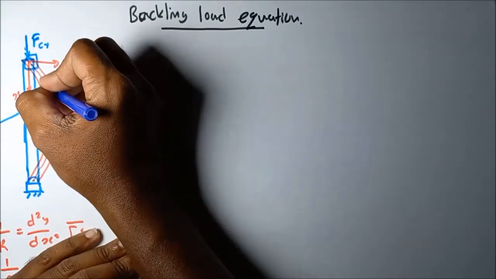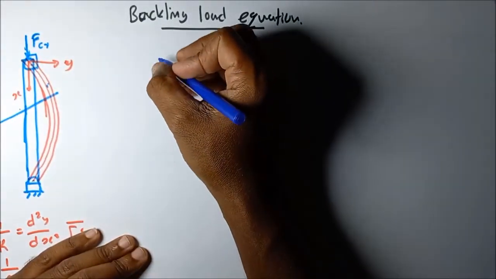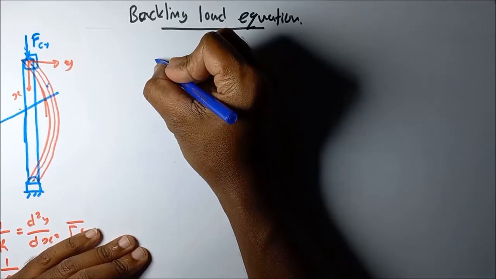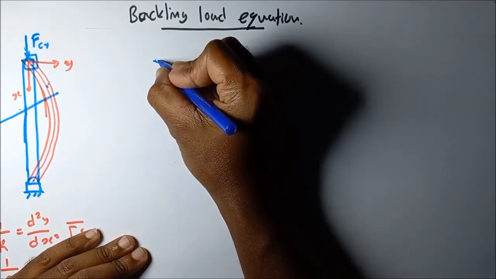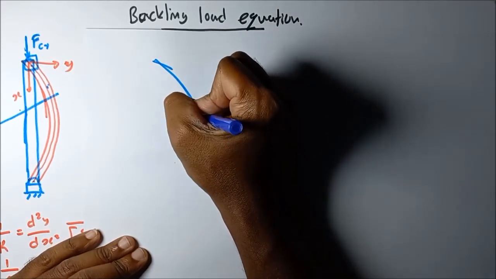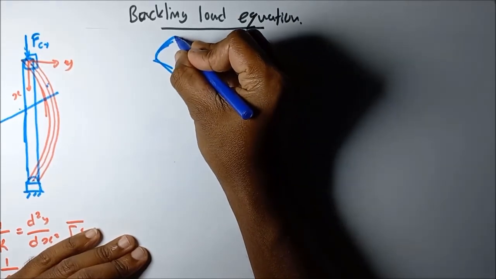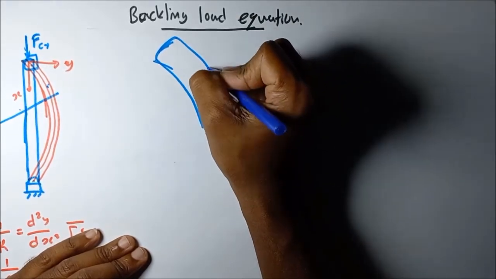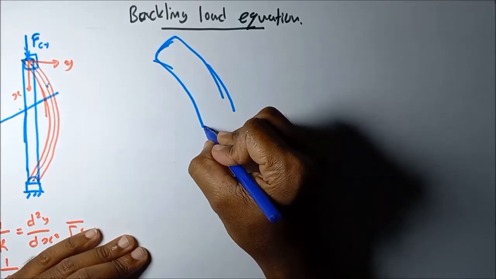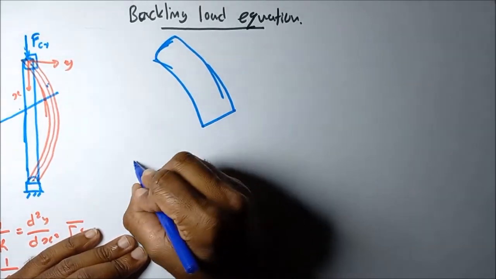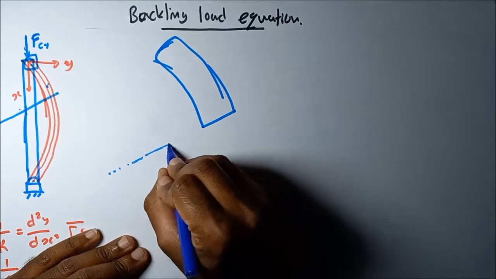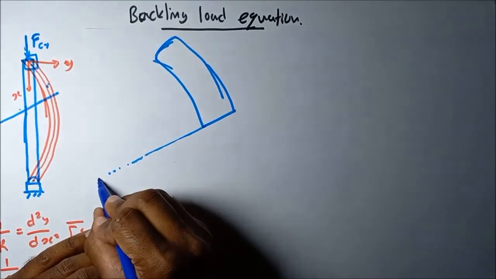So let me draw the free body diagram of this separate beam part. Then I will enlarge and draw that one. This is the beam part.